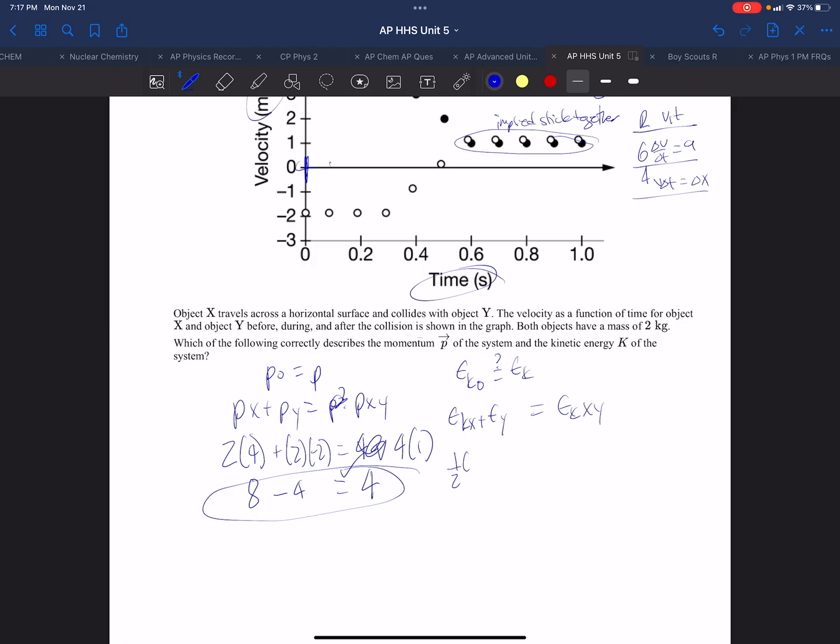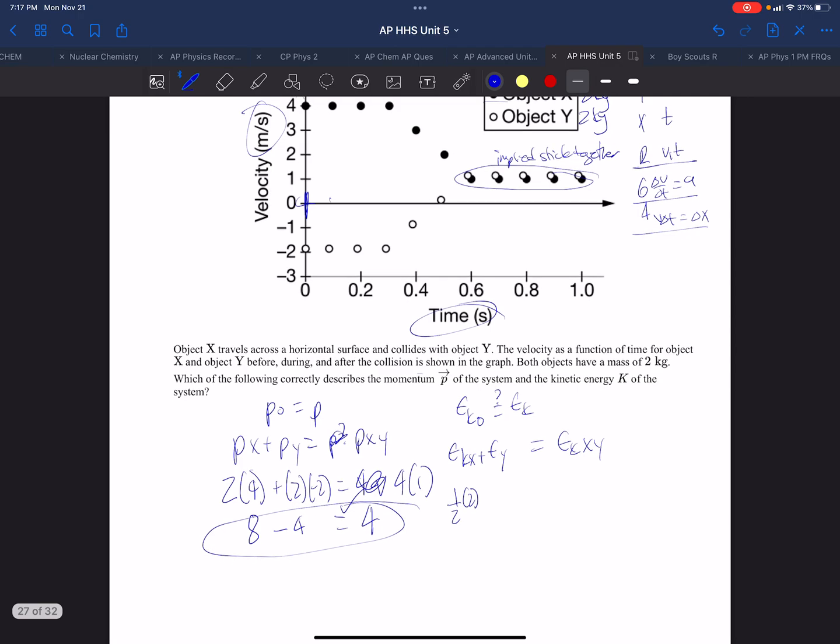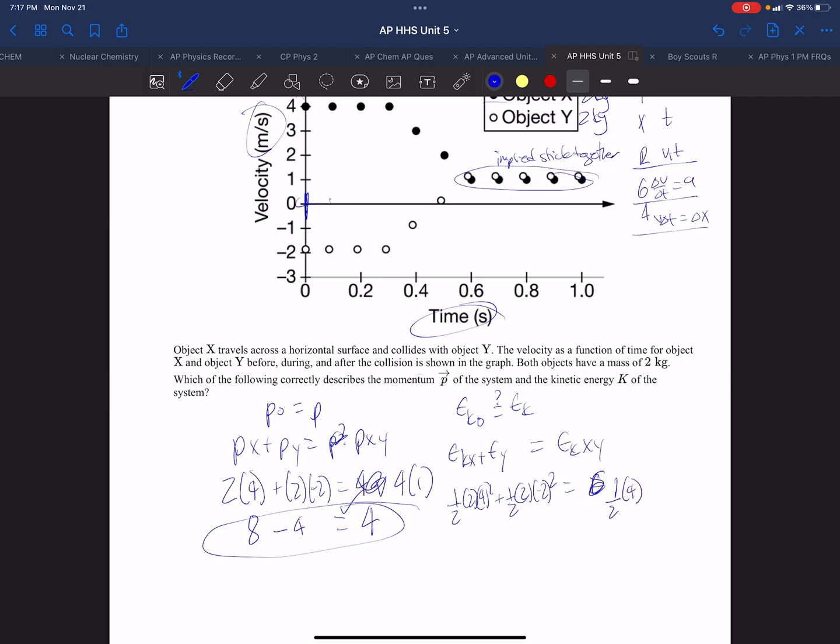So we have 1/2 of 2, and the velocity of X is 4 squared. And for Y, we have 1/2 of 2, and the velocity is -2 squared. And afterward, we have them stuck together, so it's 1/2 of mass 4, and the velocity is 1 squared.